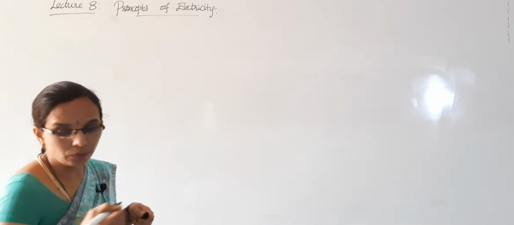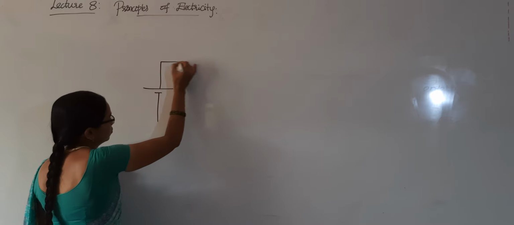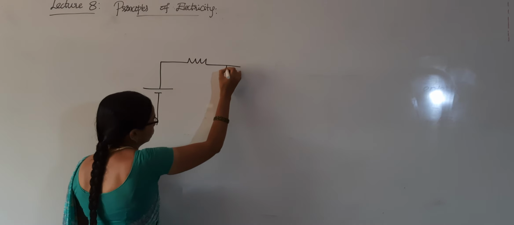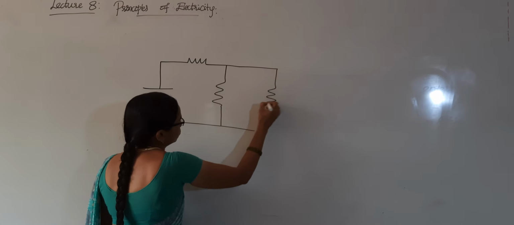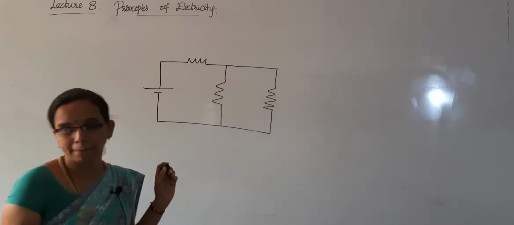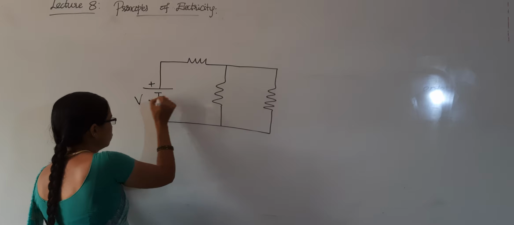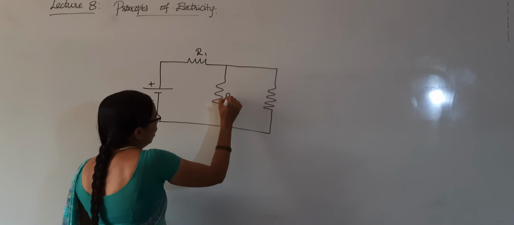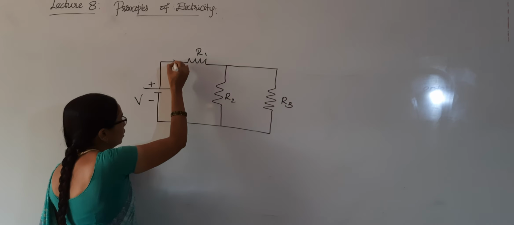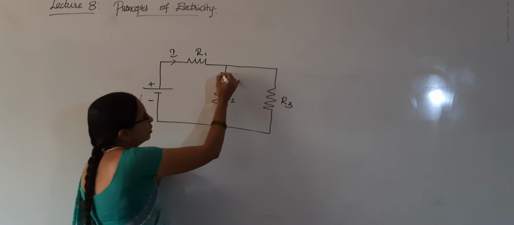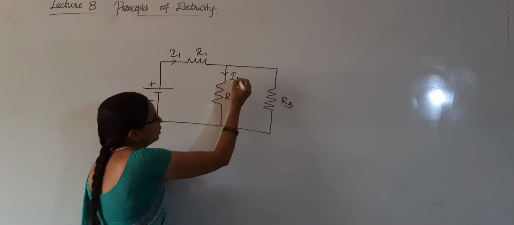We have one more circuit. Here R1, R2, R3 are three resistors connected, and V is the voltage source. Here current I1 is flowing.